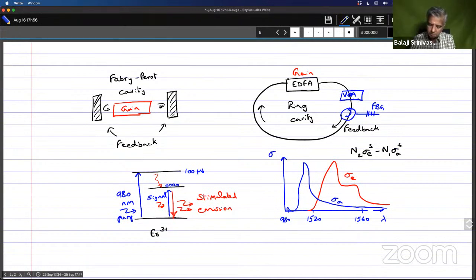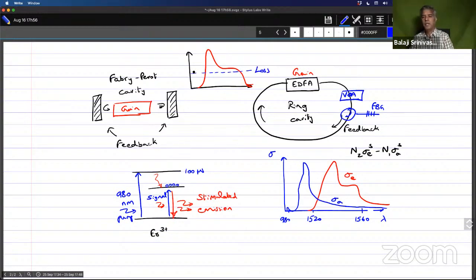So once again, if we go back and look at laser theory, right? We talked about the role of gain versus loss, and that's what determines where the oscillation is, right? So the gain is something like this, for let's say erbium, okay, and the loss may be something like this. Let's say this is your loss line, okay.